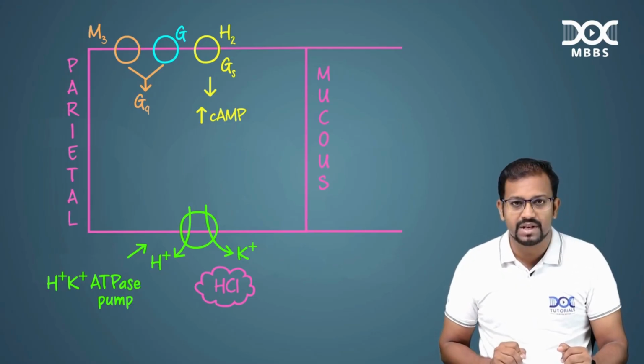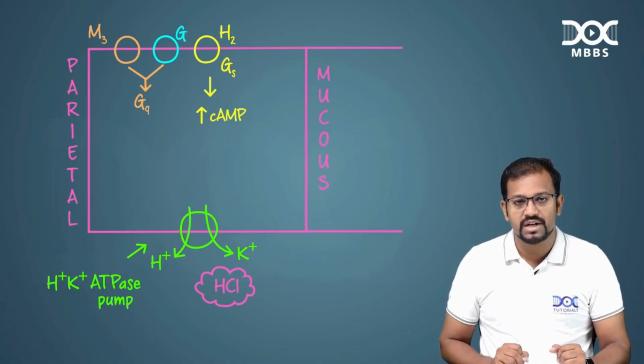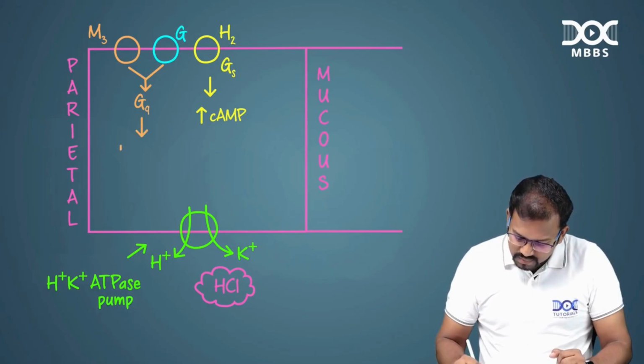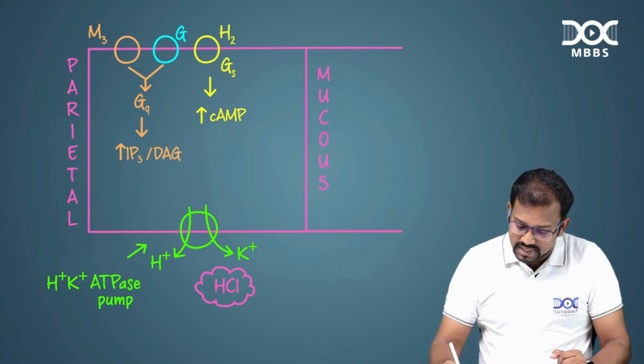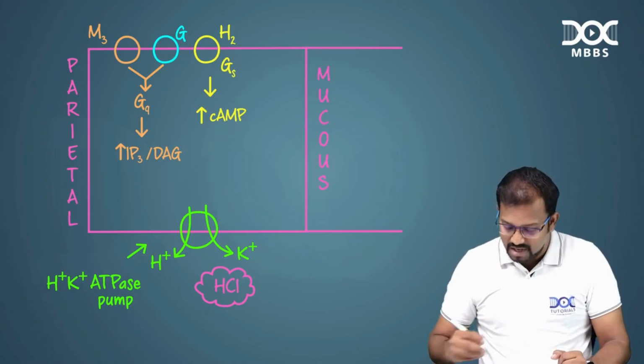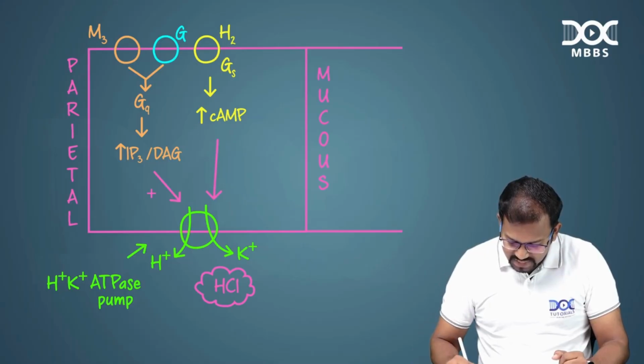Intracellular cyclic AMP levels will be increased. On the other hand, Gq receptors will increase IP3 and DAG. What will happen further? Is it going to be stimulatory or inhibitory, guys? We have already explained it. It's going to be a stimulatory one. Both stimulate the proton pump, thereby increasing gastric acid secretion.